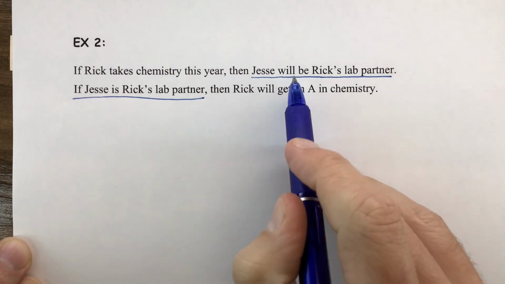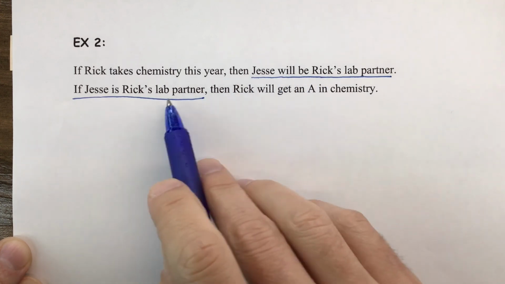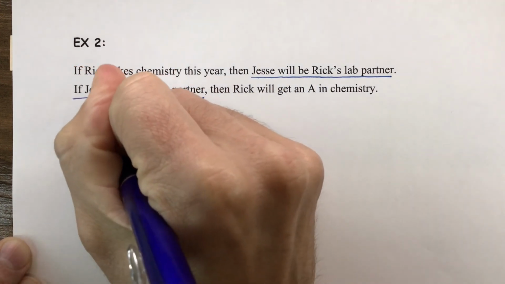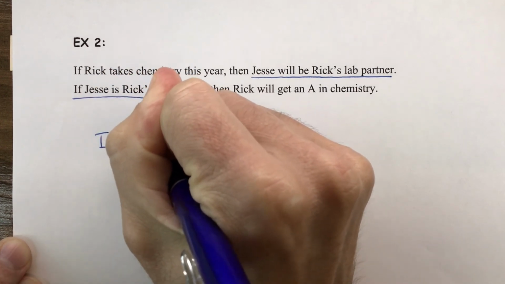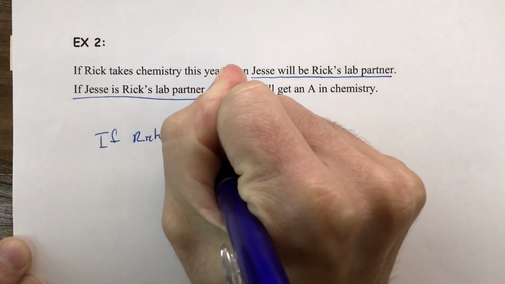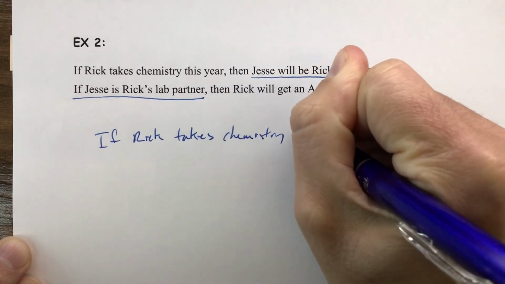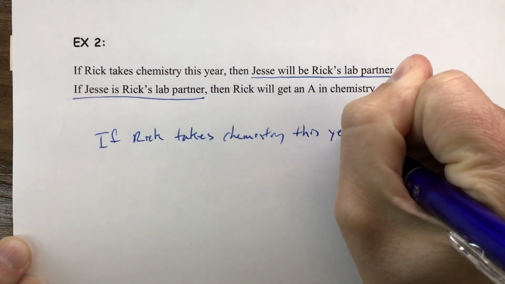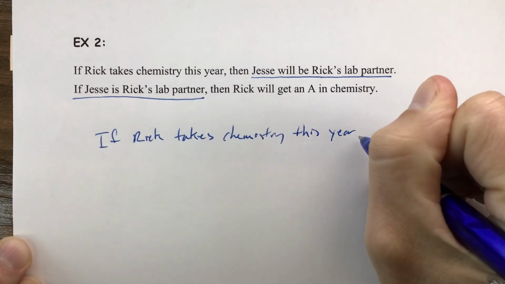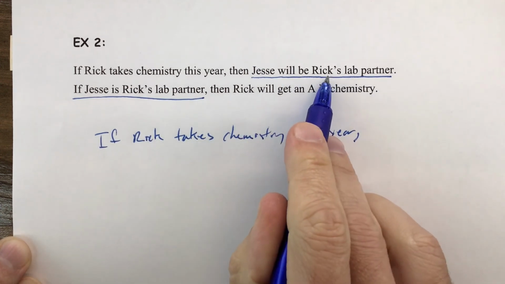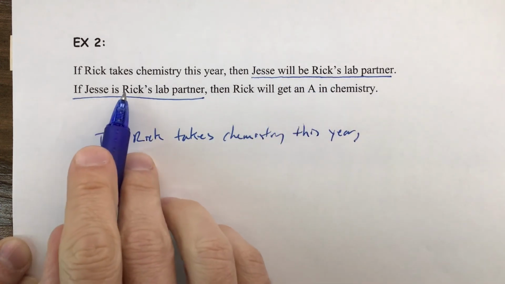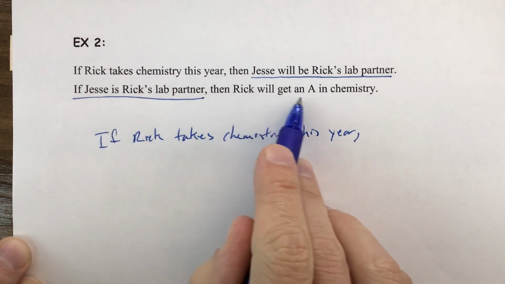Okay, so we can actually just sort of take that out here, and we can write this. We can say, if Rick takes chemistry this year, okay, Jesse's going to be his lab partner, and then when Jesse's his lab partner, Rick will get an A in chemistry.